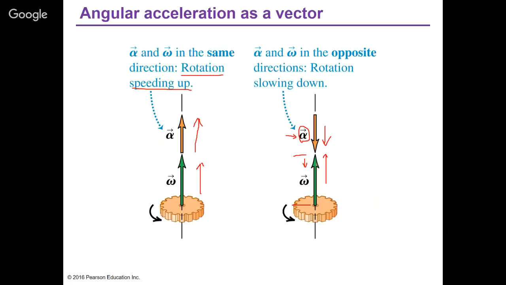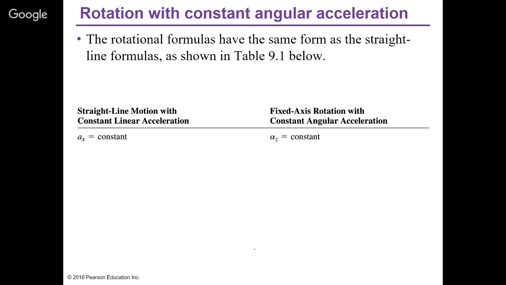And then we talked about that the time rate change of the angular velocity is the angular acceleration, and of course, it is a vector quantity, and basically when they're in alignment, pointing in the same direction, then the rotation speeds up. And if they point in the opposite direction, the rotation slows down.